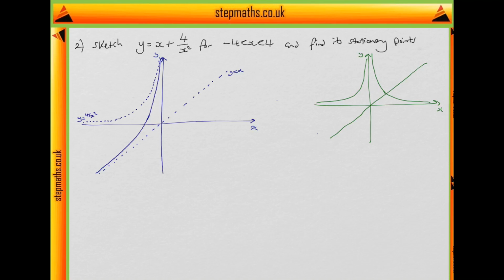What about the positive region? Well, think about it again. Here we have the 4 over x squared curve being huge and the y equals x curve being very small. So we're going to have it being essentially y equals 4 over x squared. So again, we'll just dot that in. I wouldn't draw these dotted curves on in the exam, it's just to make it nice to visualize. Then we come down here, and again 4 over x squared is very small, but now the y equals x term contributes much more, so it's going to be just above it.